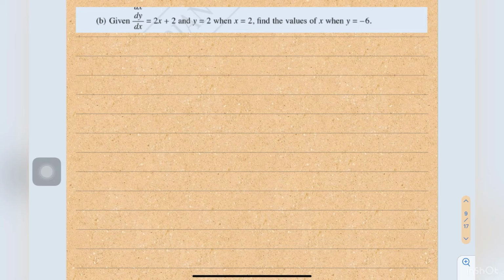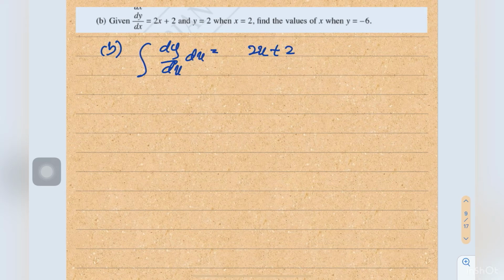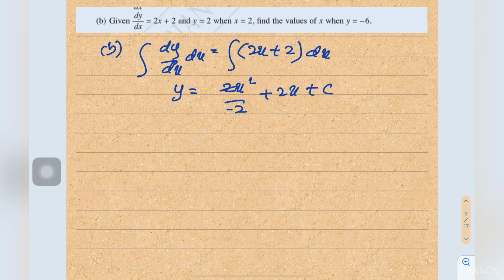So start from dy/dx equals 2x plus 2. Integrate both sides. So y is 2x squared over 2 plus 2x plus c. So y equals x squared plus 2x plus c.